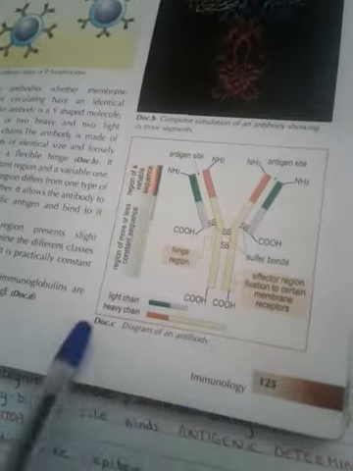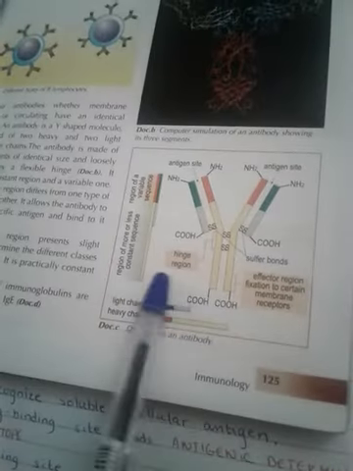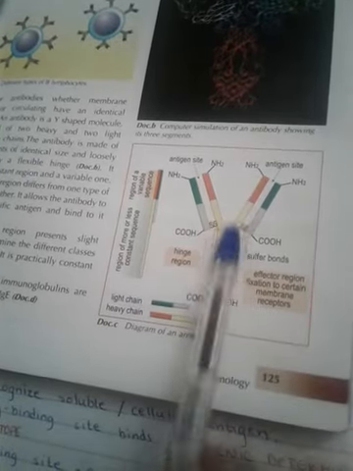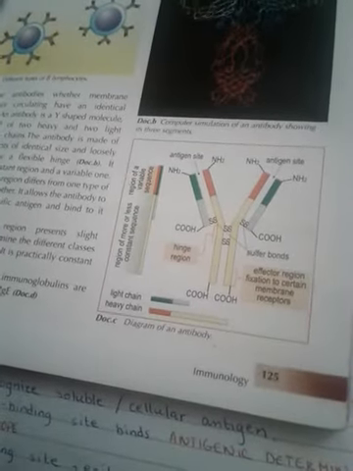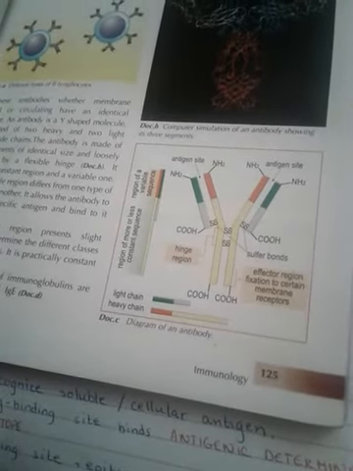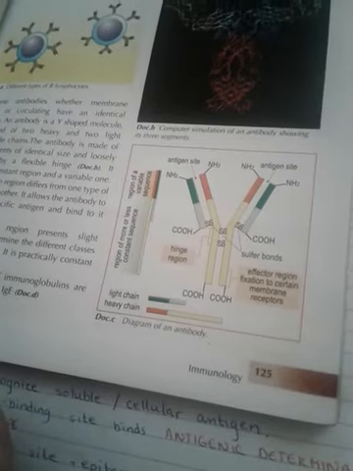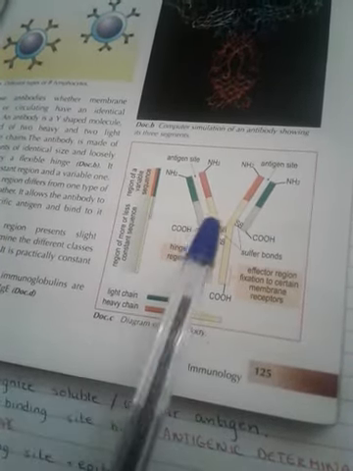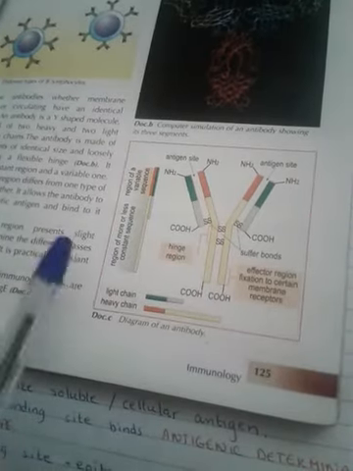So if you open your book to page 125, this is the diagram of an antibody. Okay, you see we've got the heavy chain, the yellow one, the large portion. This is why it's called the heavy chain. Polypeptide, as you should know by now, is a peptide chain, which means it's made of amino acids. Amino acids have to do with proteins.